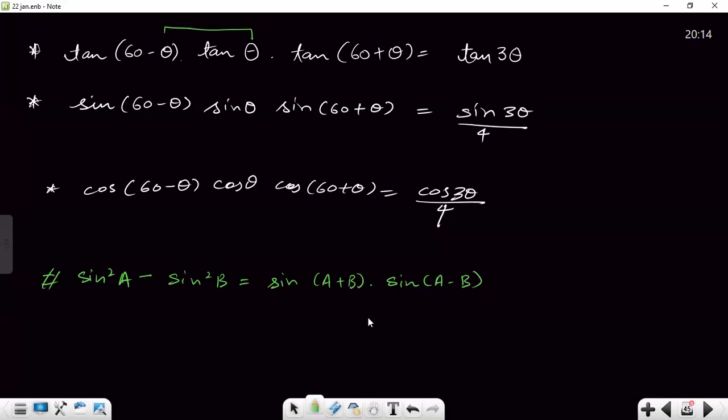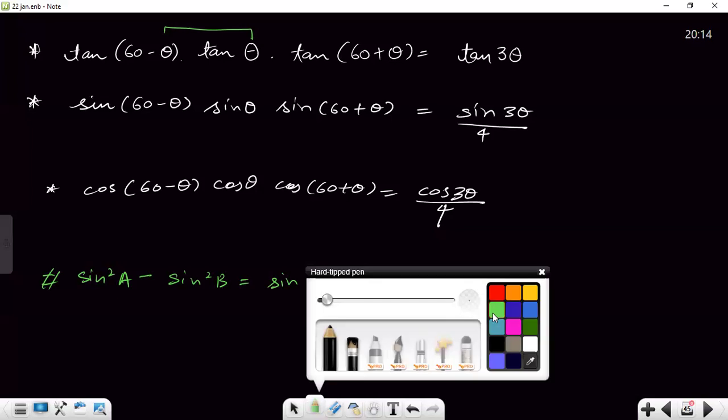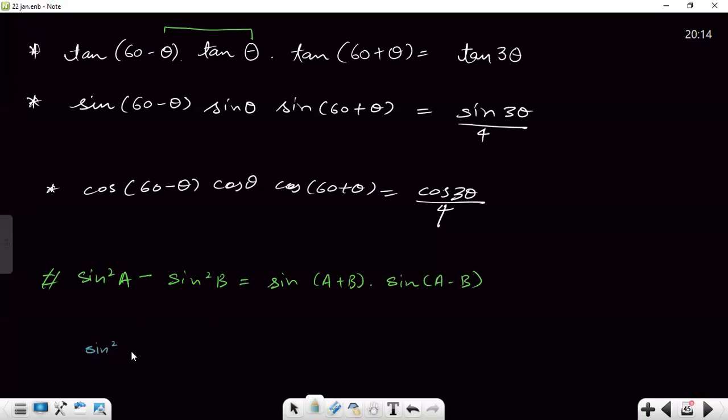Let's take an example. Let's say we have been asked about sine square of 45 minus sine square of 15 degrees. If we have to solve this directly, we would have to know the value of sine 15.